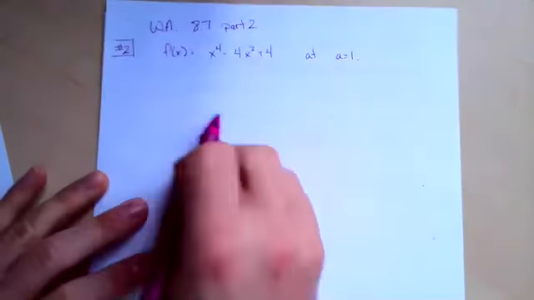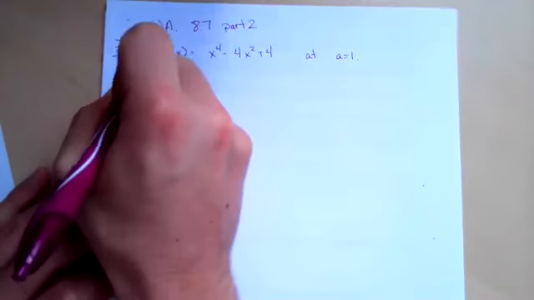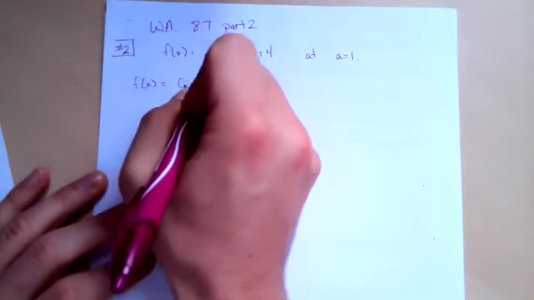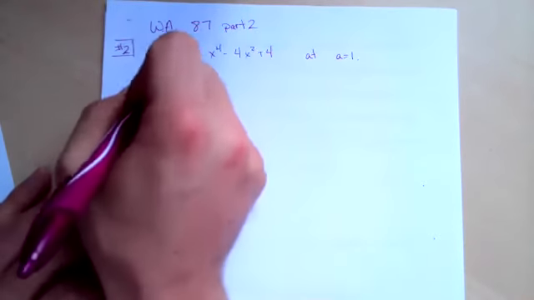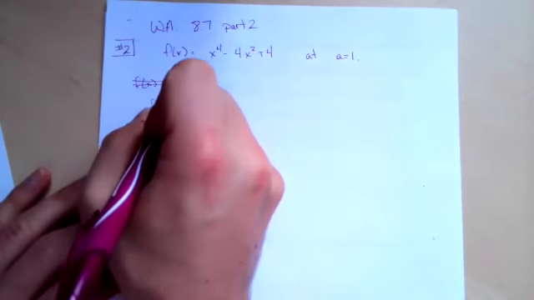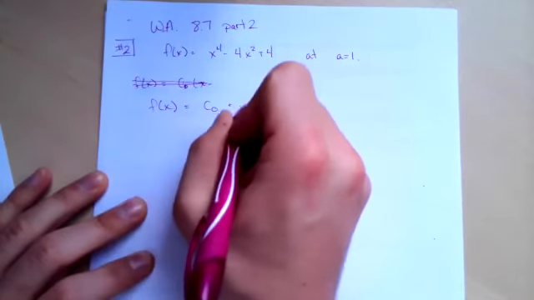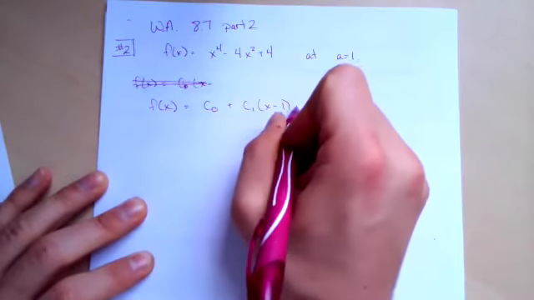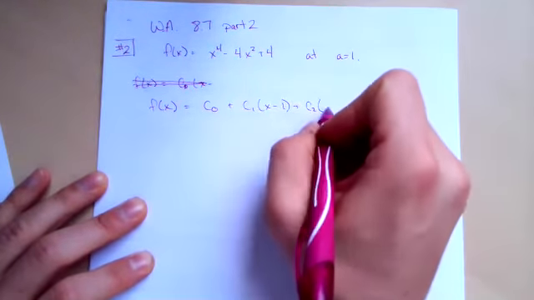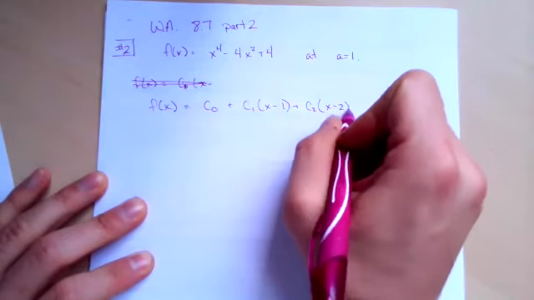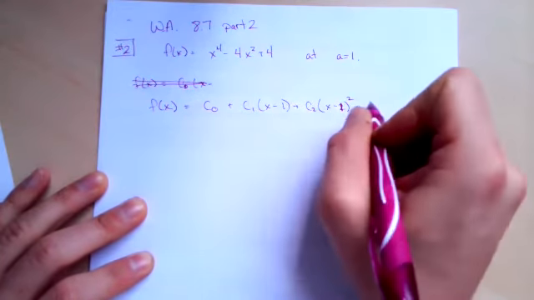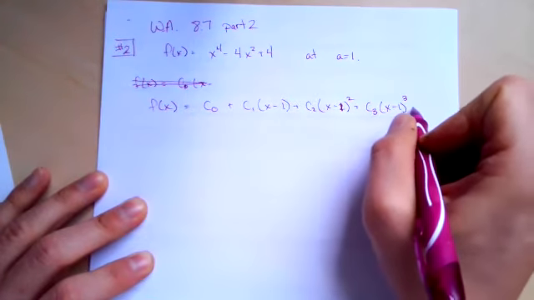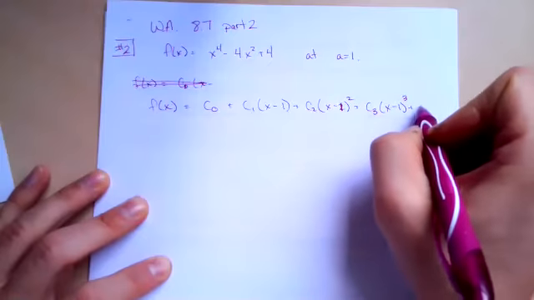So really what we want to do is, the idea is I can write f of x as some constant plus our degree 1 constant, x minus 1, plus a degree 2 constant, x minus 1 squared, excuse me, plus degree 3 constant, x minus 1 cubed, plus our degree 4 constant.